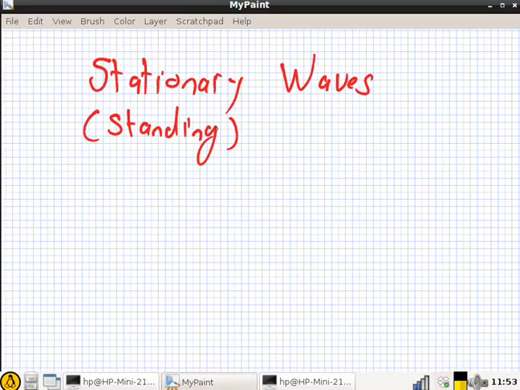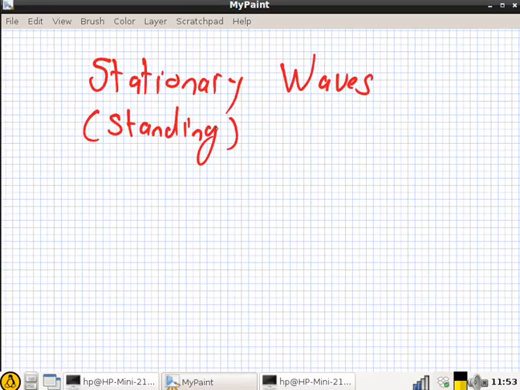If I pause it here, I want you to look closely at the point in the middle. The point in the middle doesn't really look like it's moving. It's staying in one spot. Now look at the maximum and the minimum.